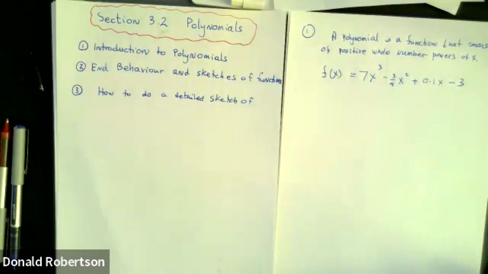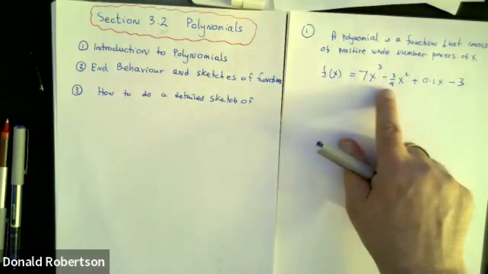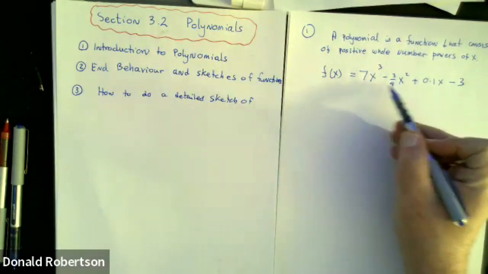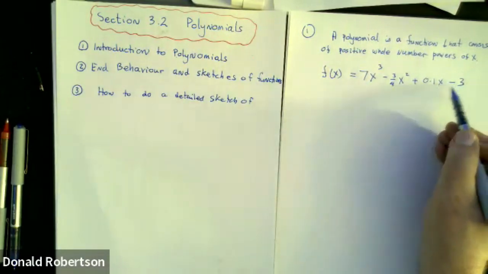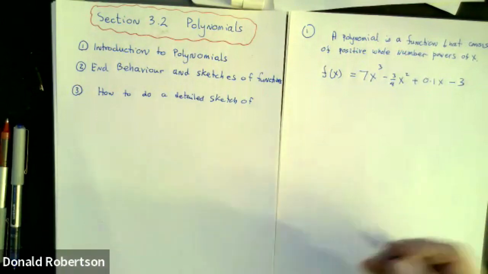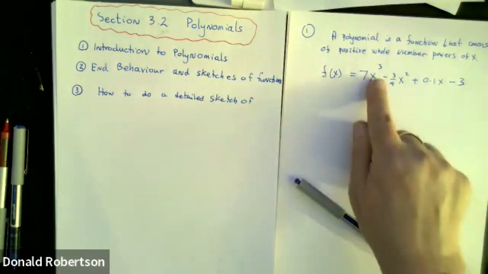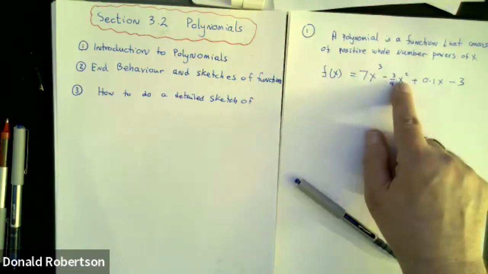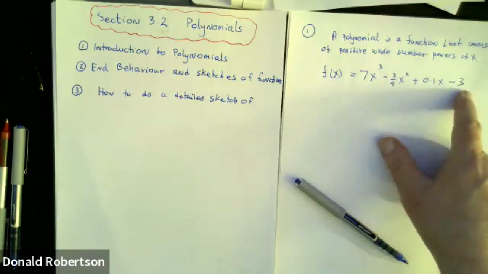Now, if you notice the numbers at the beginning, these are called the coefficients, and they can be anything. They could be whole numbers, fractions, negative, or decimal. That has no effect on whether or not a function is a polynomial. All that matters is x cubed, a positive power of 3, x squared, x, and so on.